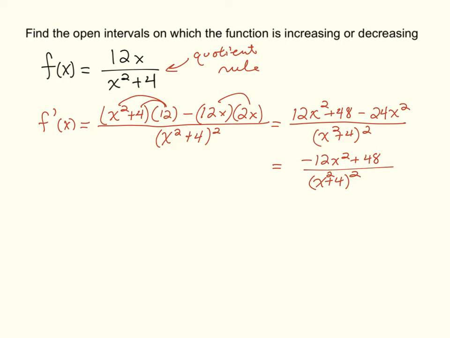Now that I have this derivative, I want to set it equal to 0 and solve for x, as well as look for any undefined values that this derivative may have. So negative 12x squared plus 48 all over x squared plus 4, the quantity squared, I'm going to set equal to 0.